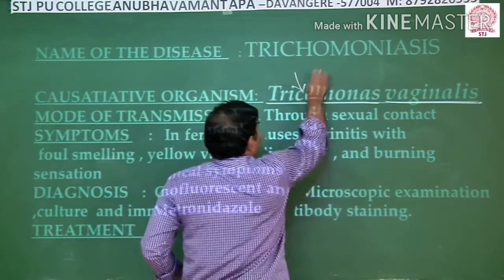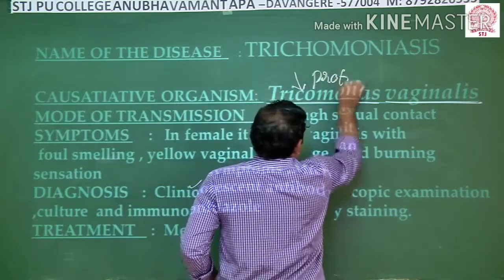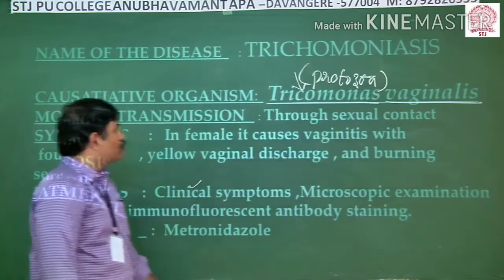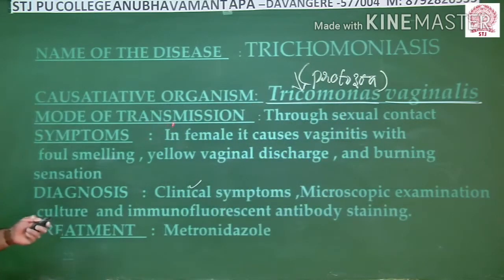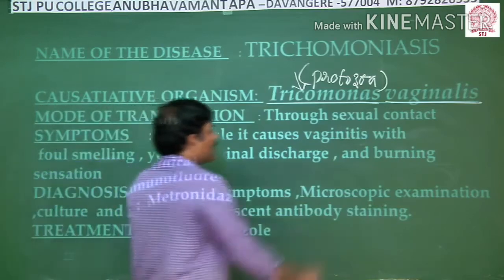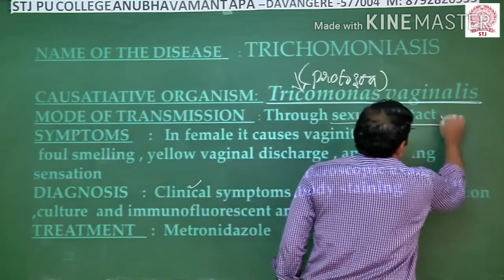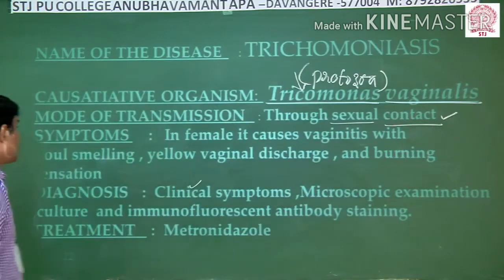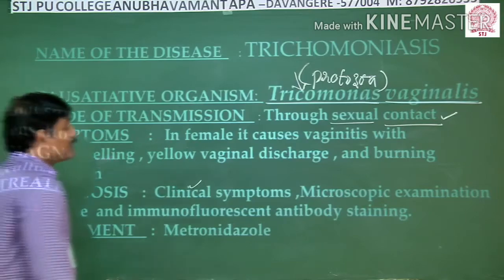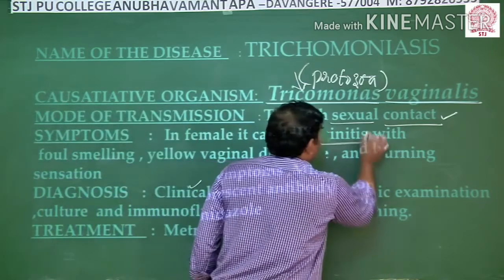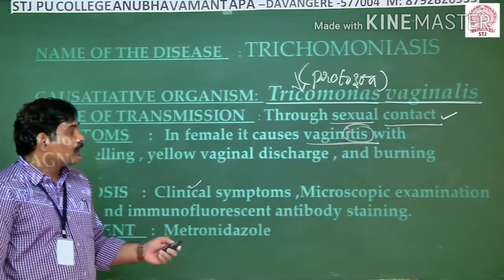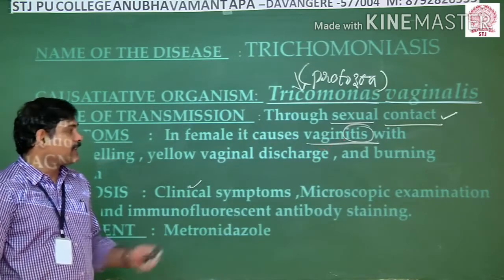Trichomonas vaginalis is the causative organism, and you need to keep it in mind. This organism is a protozoa. Then the mode of transmission includes sexual contact. As you all know, it gets transmitted through unprotected sex. Thereafter the symptom related to this one is vaginitis. Keep in mind, since itis is added to vagina, it means inflammation of the vagina.